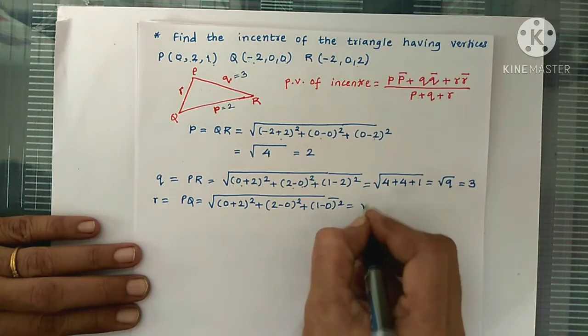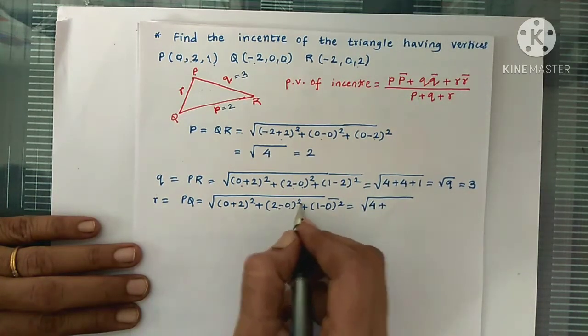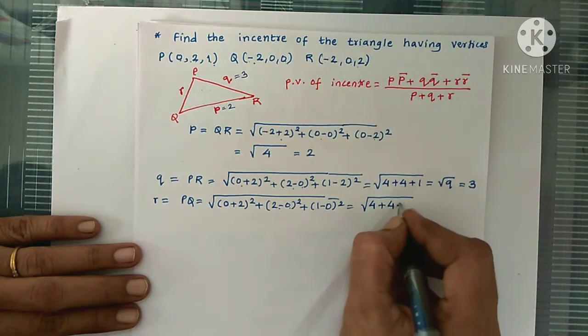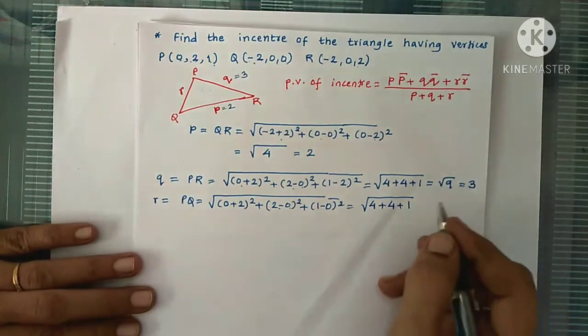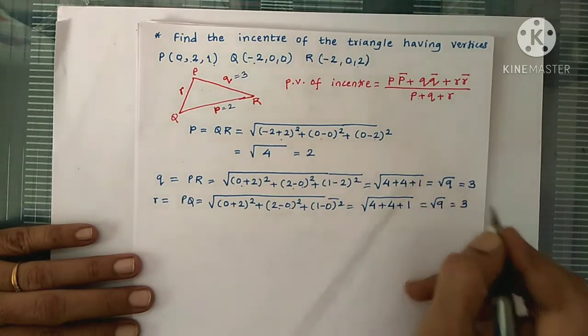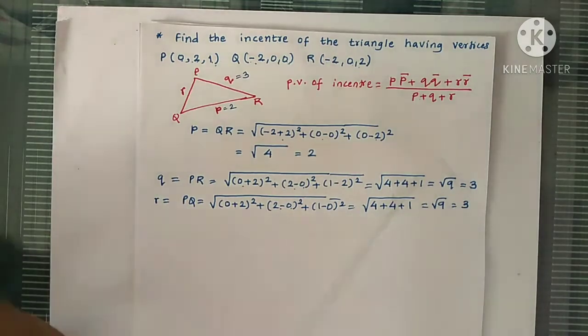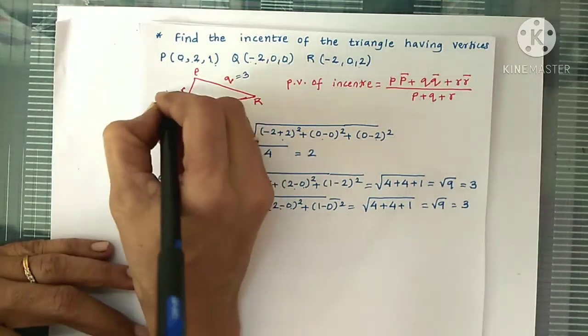So that is 0 plus 2 squared, that is 4. 2 minus 0, again 2 squared is 4. 1 minus 0, that is 1 squared is 1. So again it is root 9 equal to 3. So q and r are the same here. r is also 3.